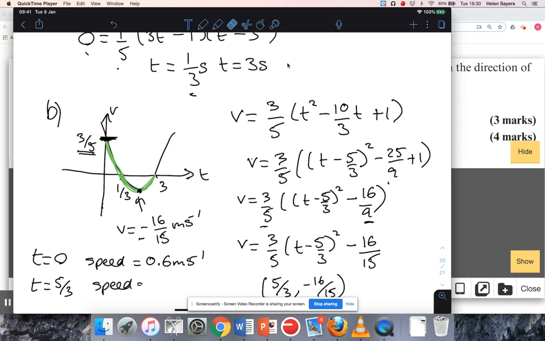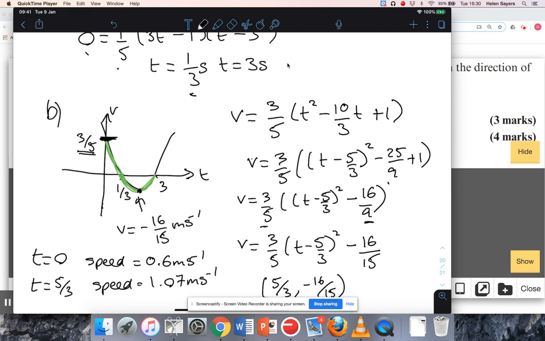But the speed, that's just the magnitude of the velocity, is just 16 over 15. So let's get that as a decimal, so 16 over 15. So the speed is 1.07 meters per second.